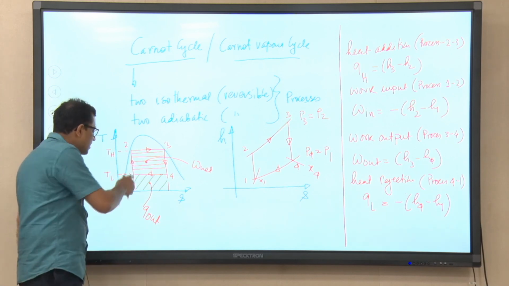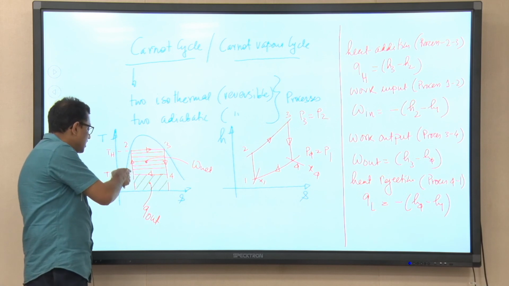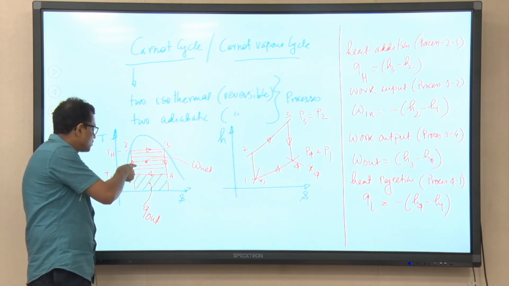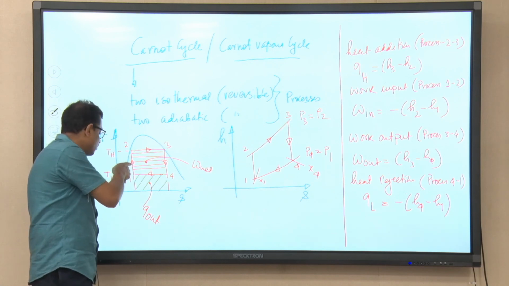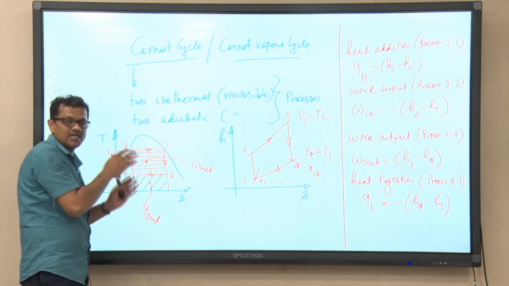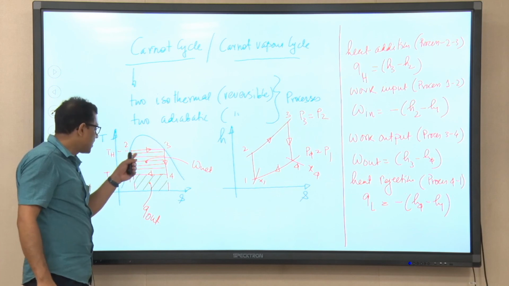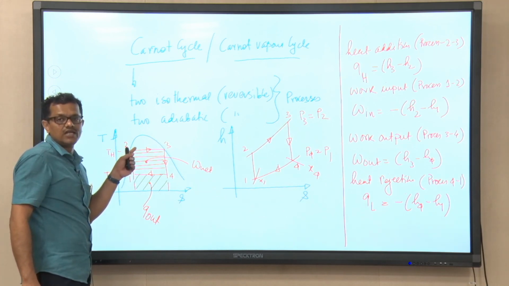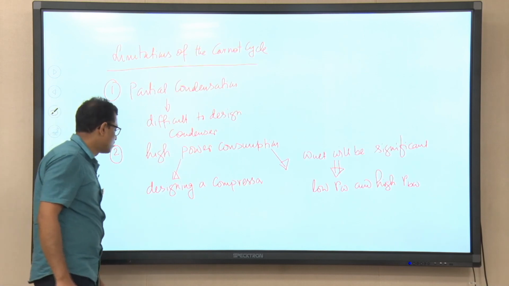So you understand, following the Carnot cycle, if we design a compressor, the process will be 1 to 2. At the inlet to the compressor the quality will be a two phase mixture, but at the exit of the compressor the liquid will be saturated liquid. So again it is very difficult to design.